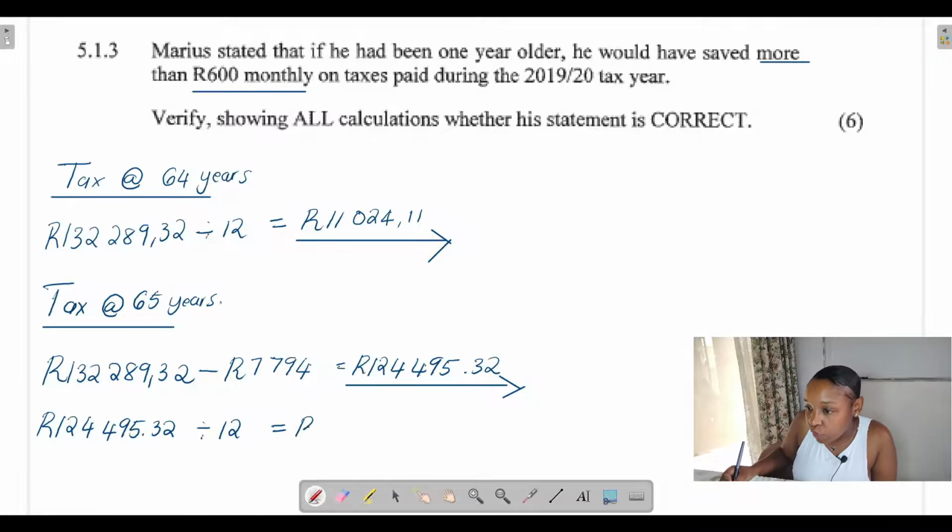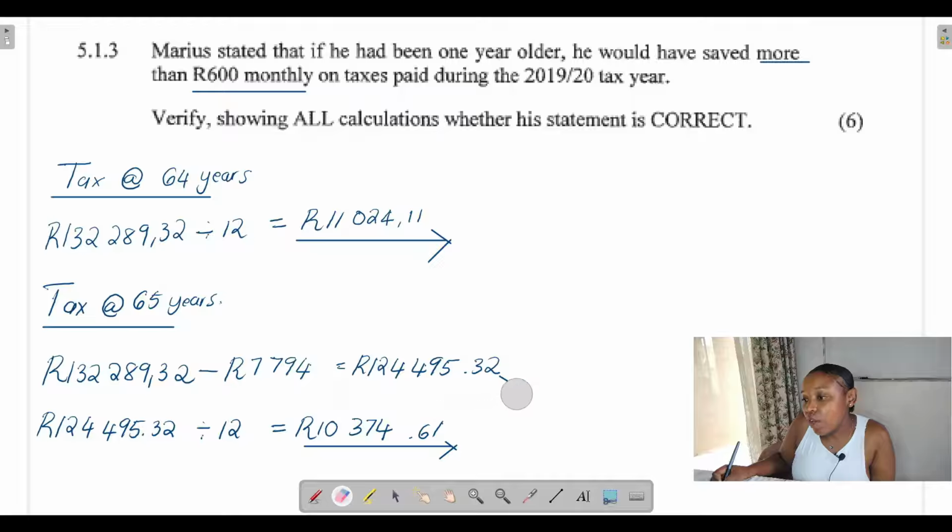If you punch that into your calculator, you'll find that he will pay 10,374.61. Okay, so now we are not done. We need to now verify whether his statement is correct.